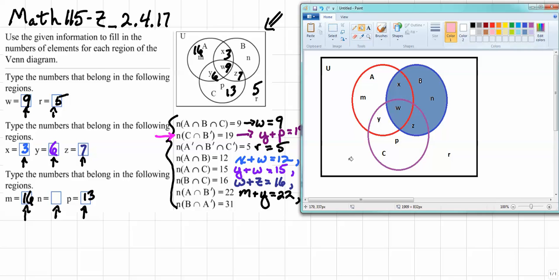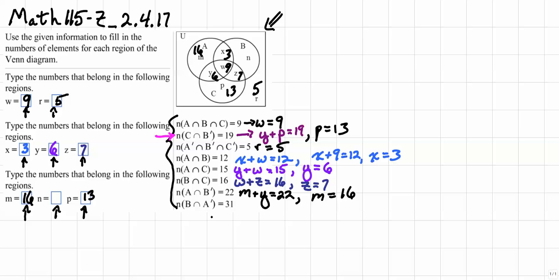A complement is everything that's outside of A. And you'll notice that the only place where they overlap is right here at N and Z. So therefore, we can say that N plus Z is equal to 31, but we know that Z is 7, so we'll subtract 7 from 31 and get 24 for N. And we can write that in here, and we can write that up here. And now we have completed the problem.